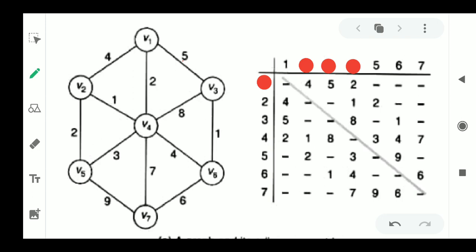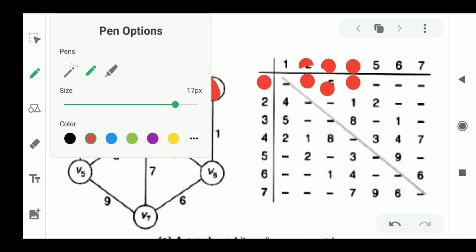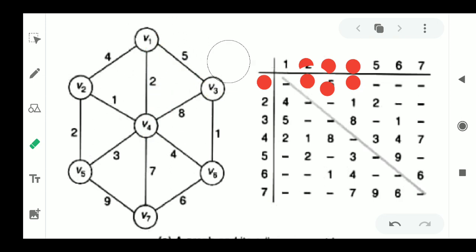To move from V1 to V2, the edge given is 4, and we fill that here. From V1 to V4 the given weight is 2. From V1 to V3 the given value is 5. Like that we have to fill all the values in the matrix.